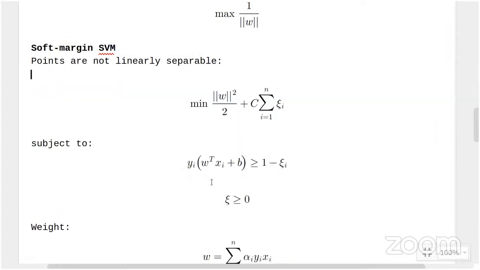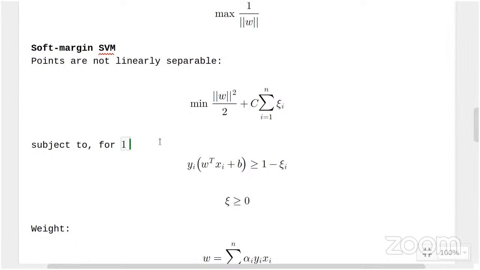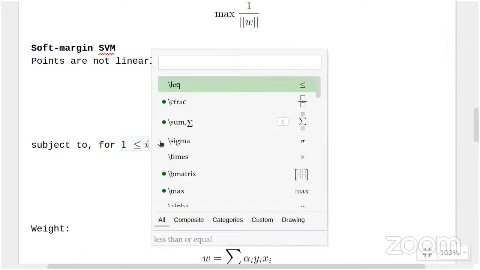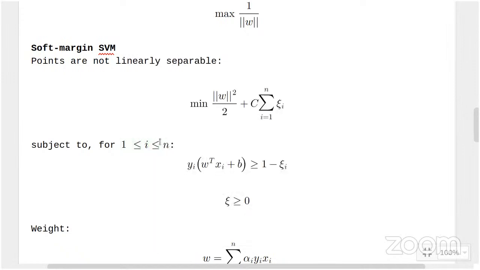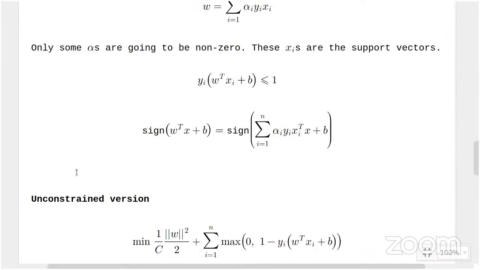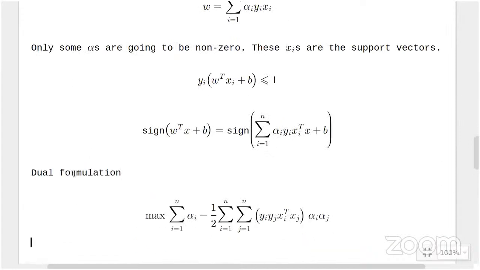There are n data points, so subject to, for 1 less than or equal to i less than or equal to n, you have n inequality constraints. So this is where the Lagrangian comes in, right? For n constraints, you have n Lagrange multipliers, and it so happens that there are n data points, n constraints.